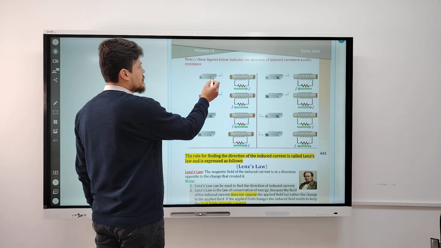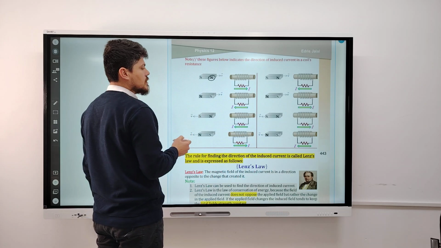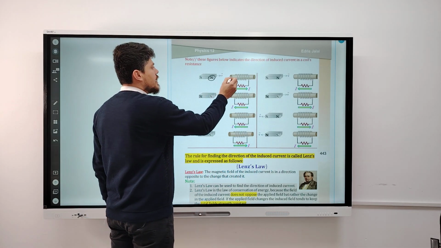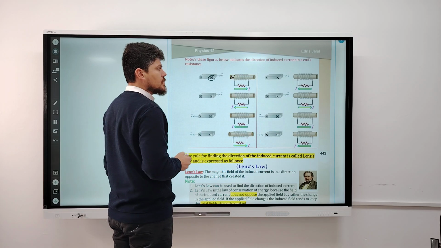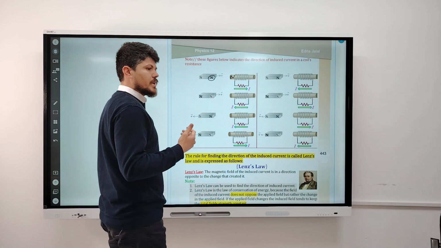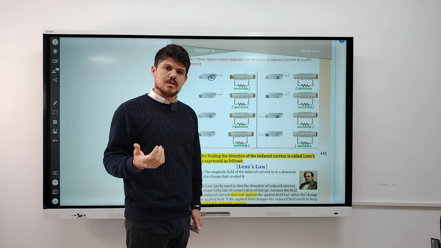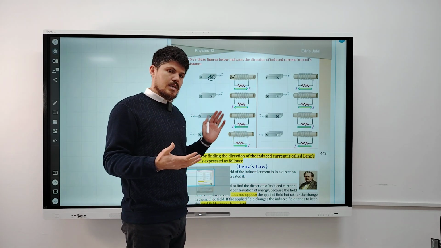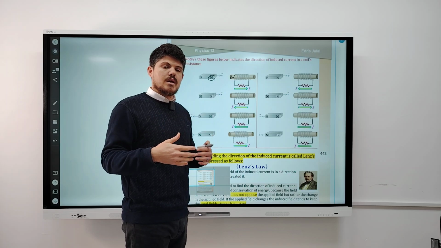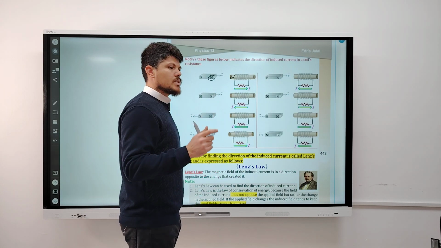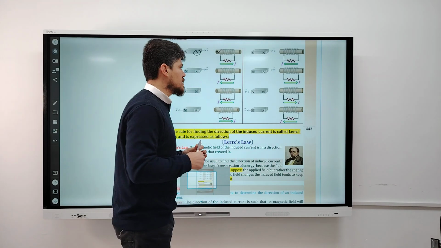In that case, when we approach the north pole of the bar magnet into the coil, this end also becomes a north pole, okay? According to the right-hand rule, we can find the direction of the current. After finding the direction of the magnetic field by Lenz's law, we can find the direction of the current at the resistance. So in this case, what is the direction of the current in the resistance?